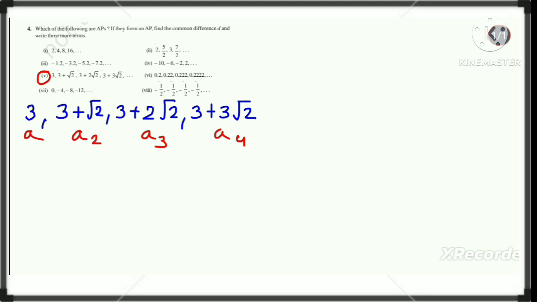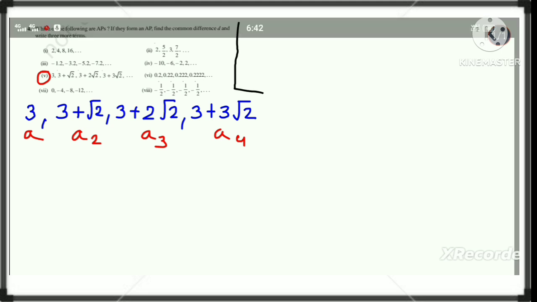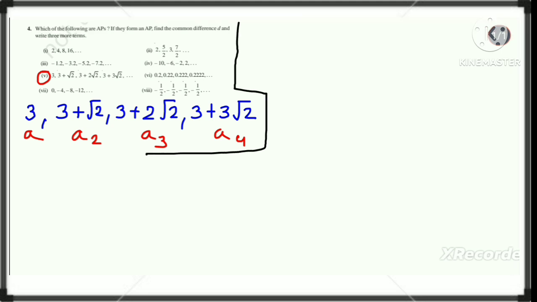For that, firstly we need to find its difference, right? So let's find here. Okay, firstly the difference between a2 and a. a2 equal to, we have 3 plus root over 2, and a equal to, we have 3.